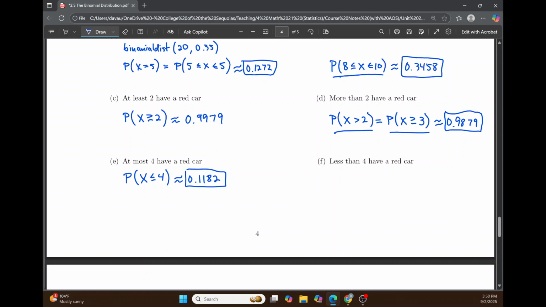What we have to do is say, if x is strictly less than 4, then that actually means that x is less than or equal to 3. Okay? So that's what we'll punch into the calculator. We want less than or equal to 3. That's going to be 0.0444 approximately.